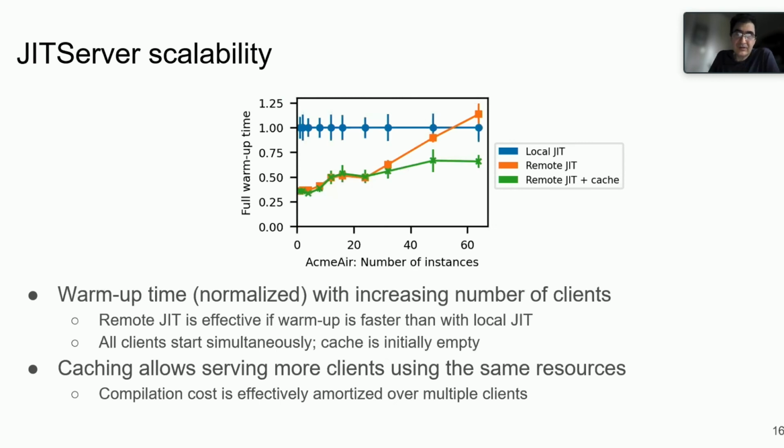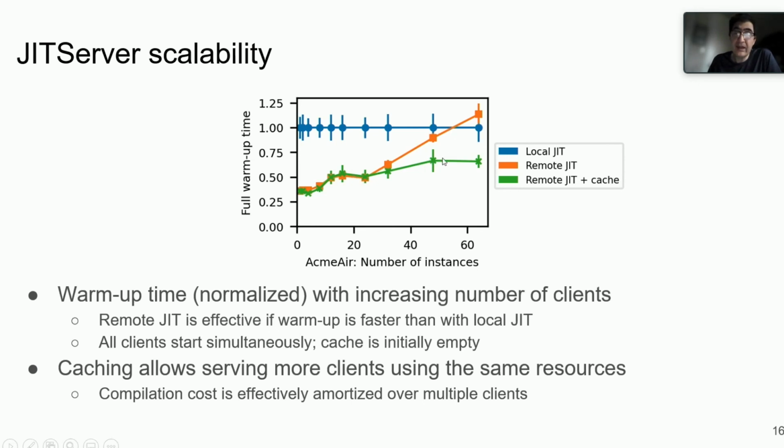Now, how about scalability? On this graph, I'm showing the full warm-up time, and this is normalized to the situation where we don't use a remote JIT. Therefore, the local JIT is a straight line. If we look at the line in orange, the remote JIT is able to handle about 50 instances before crossing out the local JIT.